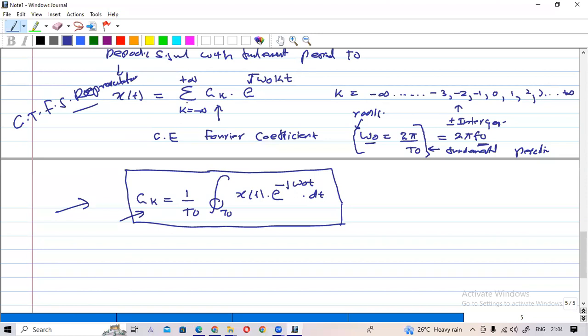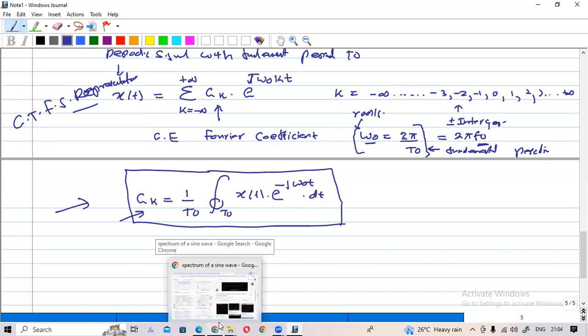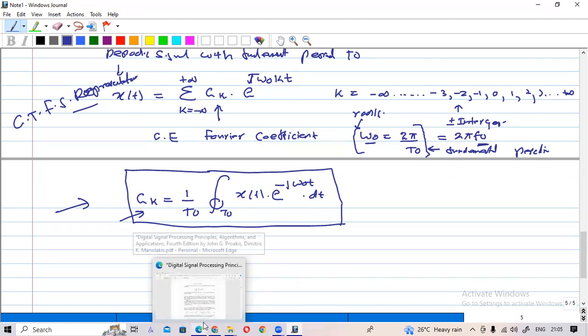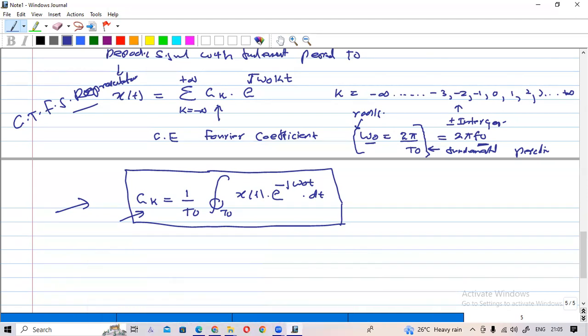This is a continuous time Fourier series, and I think I have uploaded one lecture, maybe lecture 5. There I tried to demonstrate the practical realization of this relation using an example in MATLAB.